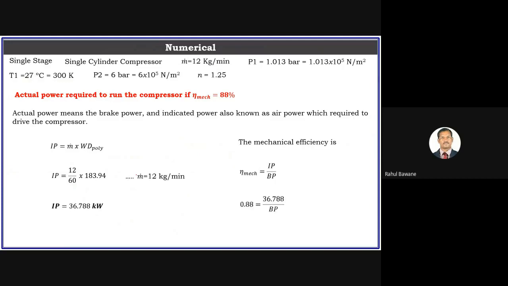Now, using mechanical efficiency: mechanical efficiency is IP upon BP. Mechanical efficiency is 88%, indicated power is 36.788, so brake power comes to 41.805 kilowatt. As I said, in a compressor, brake power is the higher value, and indicated power is the power that remains after overcoming friction.